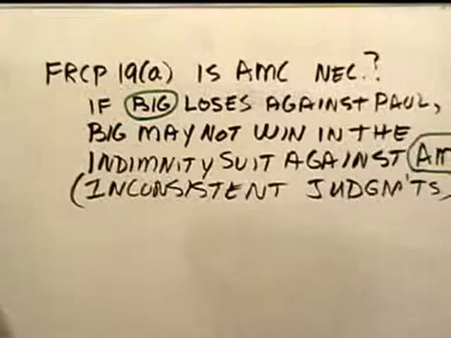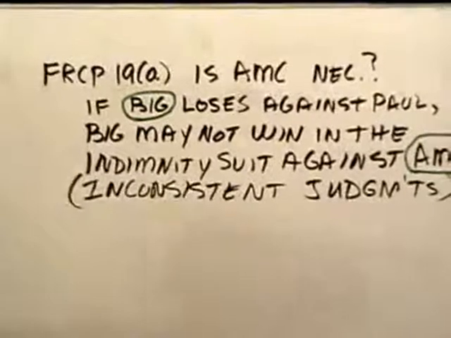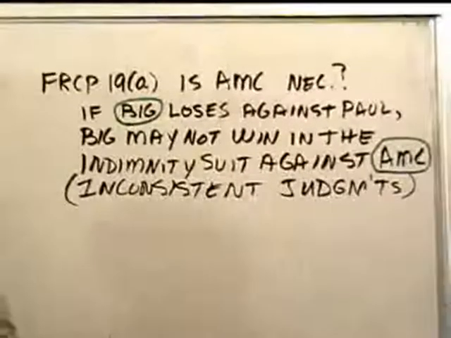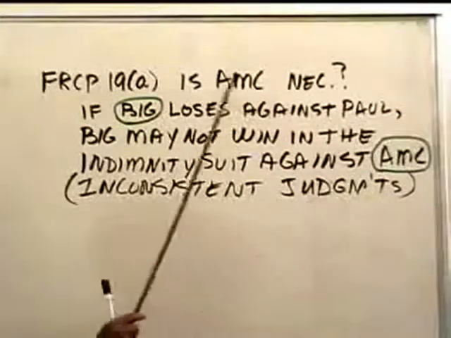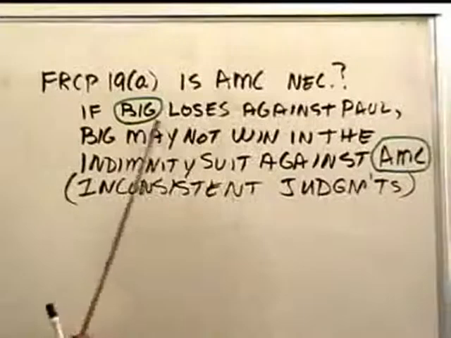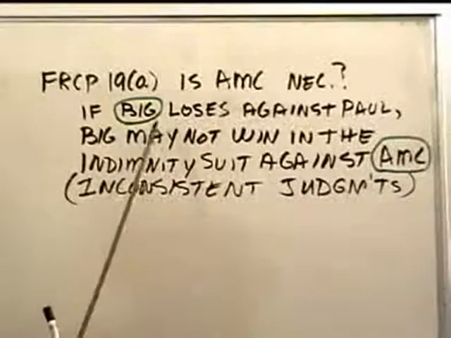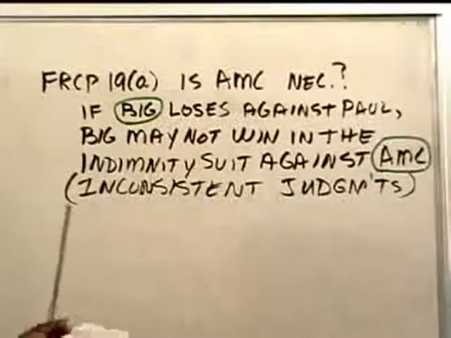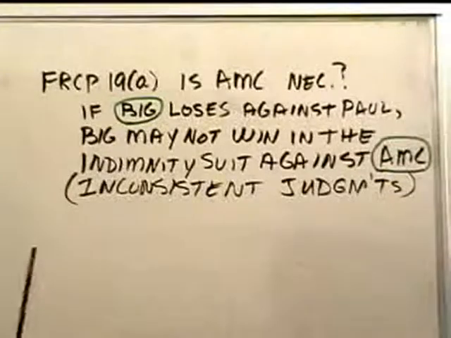And therefore, M Corp ought to be in this lawsuit. Well, Big Corp is right. M Corp is a necessary or conditionally necessary person because this could really happen to Big Corp. But the question is, can the court proceed in good conscience without M Corp?